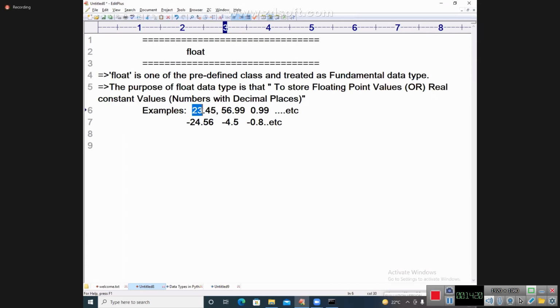In 23.45, 23 is the integer part and 0.45 is called the decimal part.